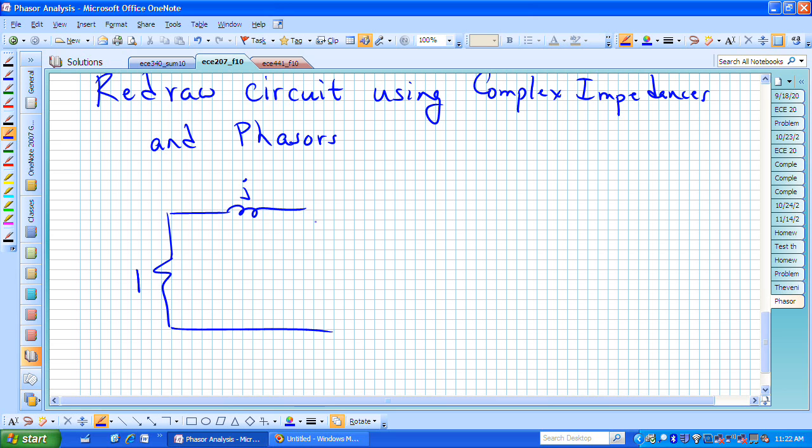We had our current source, going up. It has a phasor description of 2 at 0 degrees, which we could probably just write as 2, but we'll go ahead and keep track of the angle. The source voltage was 6.